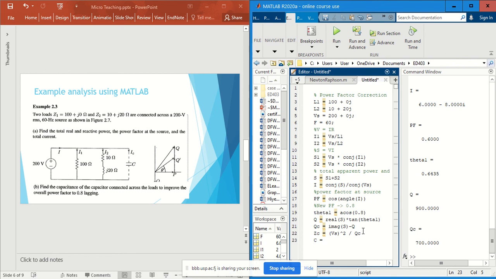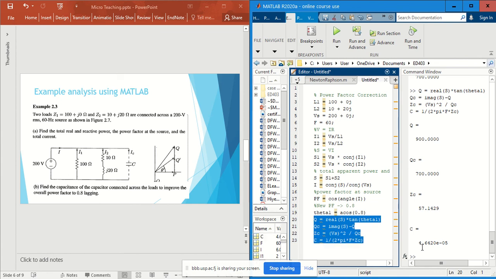So C is equal to 1 divided by 2 times pi times the frequency, multiplied by the capacitive reactance Zc. Okay, so this is the value needed. Let's see what the value is.